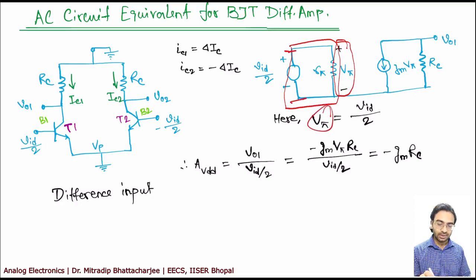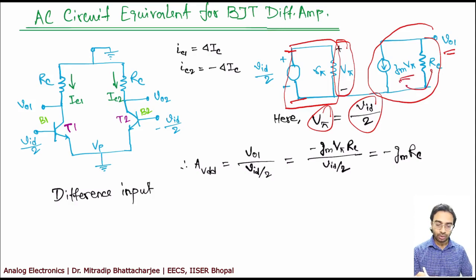So your V pi is VID by 2. And if you look at the output side, what will be your VO1? You have current gm V pi flowing through RC. So your voltage VO1 will be minus gm V pi RC. Why minus? Because the current is going downwards, in the opposite direction, right? So your VO1 will be minus gm V pi RC.